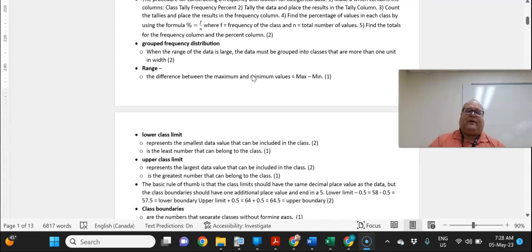First thing we need to figure out is the range of the data that we have present. And this is the difference between the maximum and minimum values in the data set.